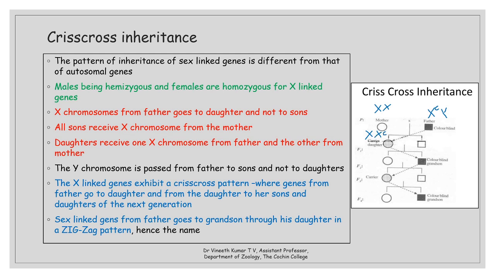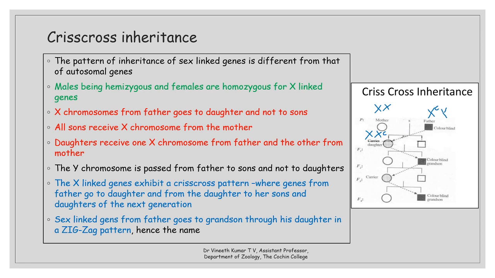So she has a defective allele, but being recessive, it will not be expressed, because in the heterozygous condition the dominant one is expressed, and hence she will be a carrier. She will not show this condition. You cannot see the expression of that trait in that female. And here the male is normal, because he receives a normal Y chromosome and a normal X chromosome from the mother.